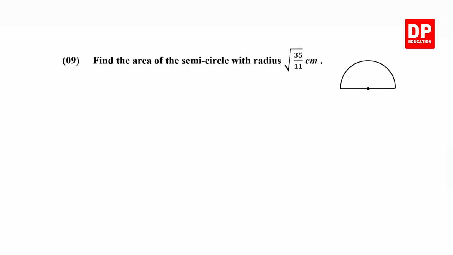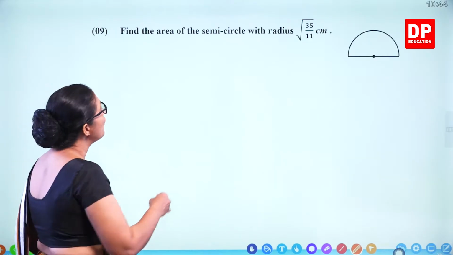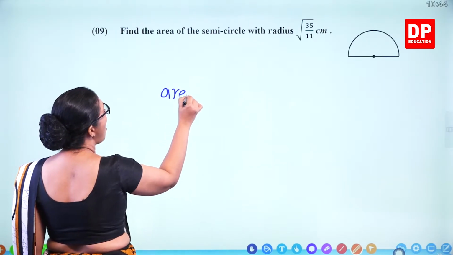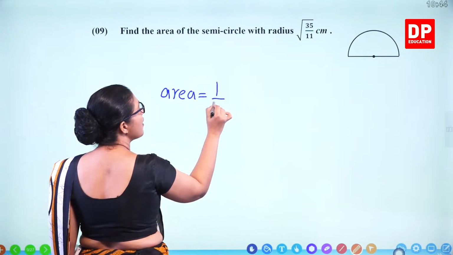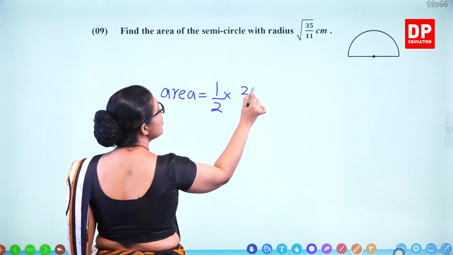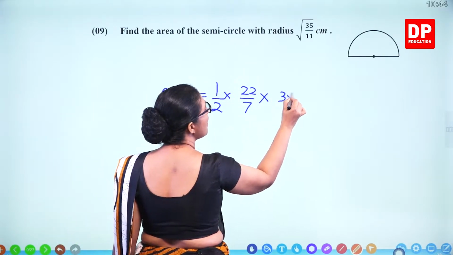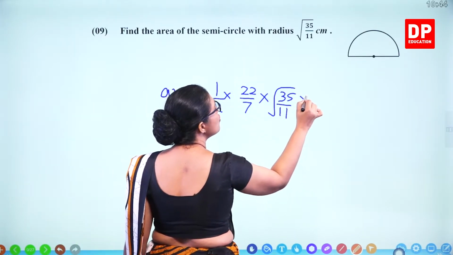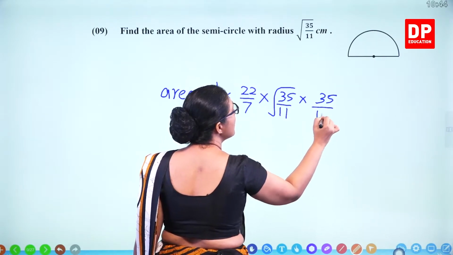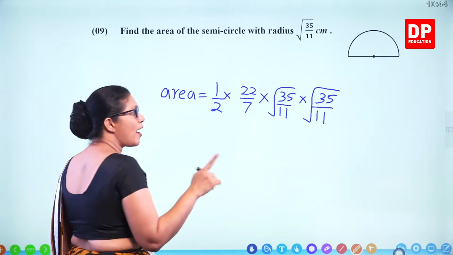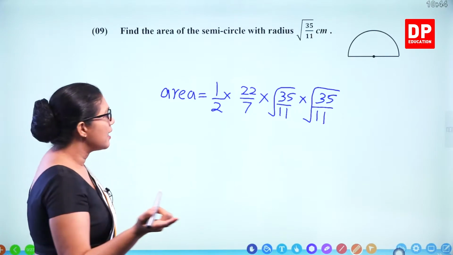Question number 9. Find the area of the semicircle with radius square root 35 over 11. So how do you find the area? Half pi r squared. Pi you can write as 22 over 7. R squared, so root 35 over 11 into root 35 over 11. When you multiply square roots, the same thing, the square root gets cancelled out.